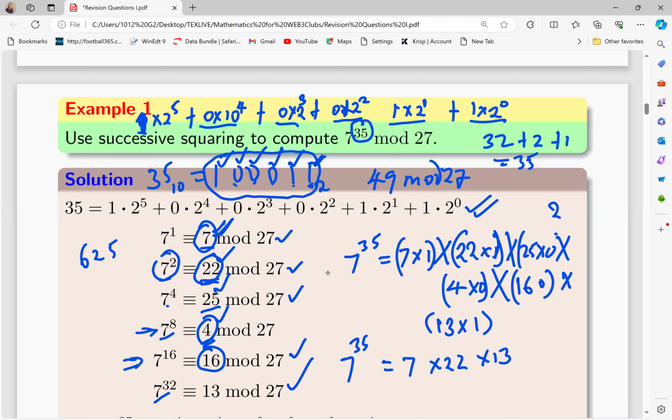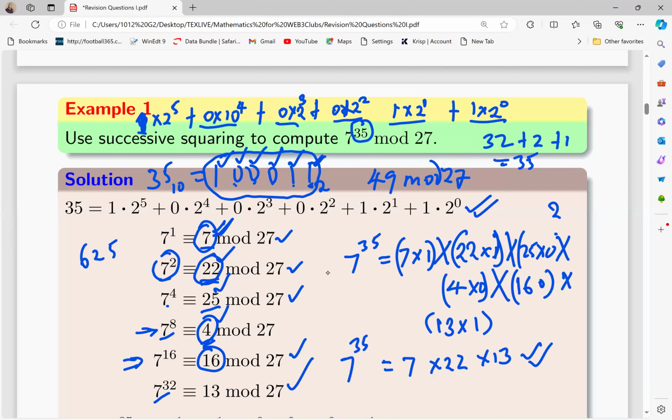So you can see how many ones did we have here? How many ones did we have in our binary? We had 3 ones. Because we had 3 ones, you can see what we have in our product: only 3 numbers. Is that okay?